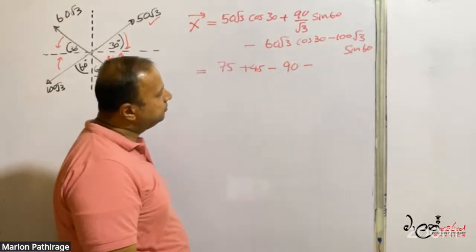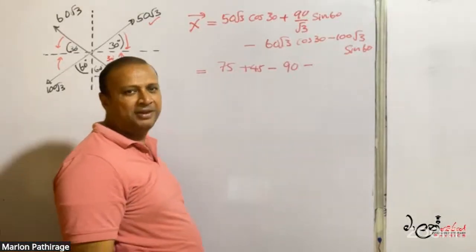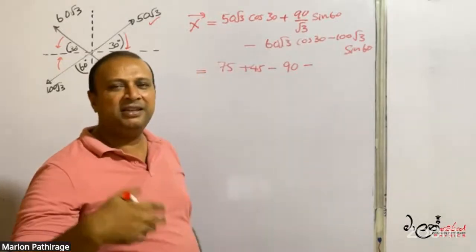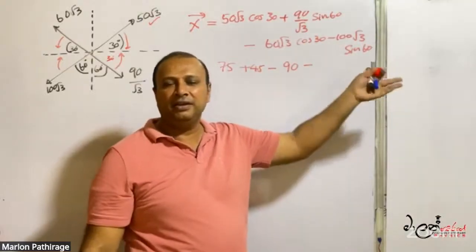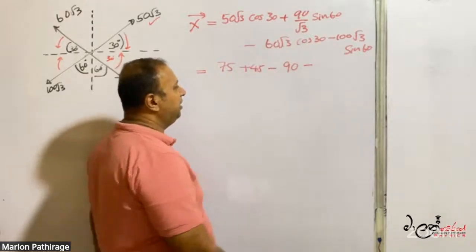Minus 100 root 3 into sin 60 means root 3 over 2. Again, you have to divide this by 2, multiply it again by 3. That means 50 into 3, 150.